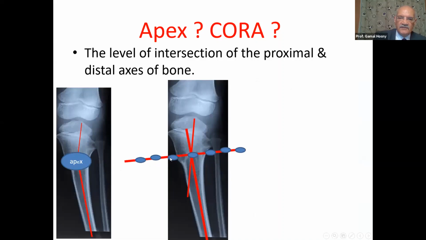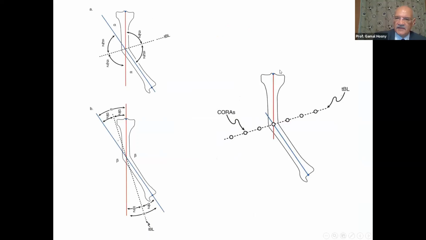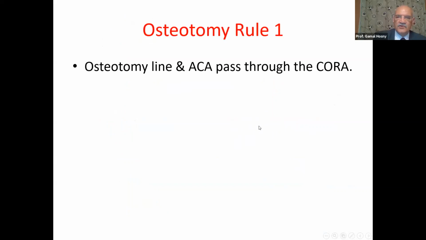Each point on the transverse bisector line is a Cora. Again, the axis of the proximal segment, the axis of the distal segment, and the transverse bisector line, and the Coras.